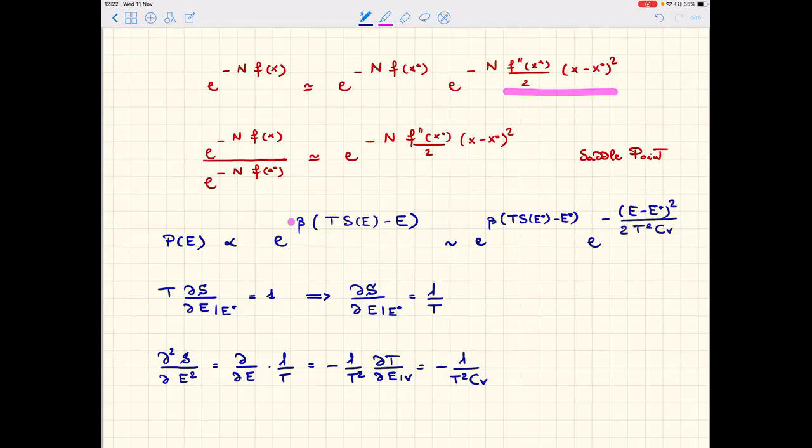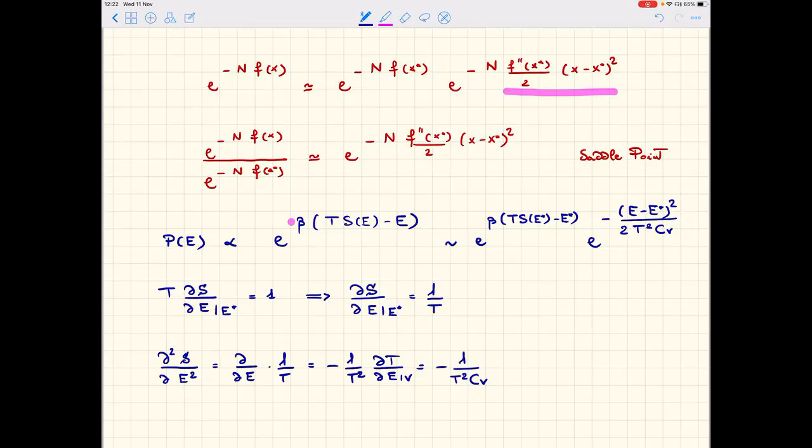And now you see again what I mentioned before. The probability distribution of the energy is approximately, in the thermodynamic limit, a Gaussian with a standard deviation that is small as compared to the average.